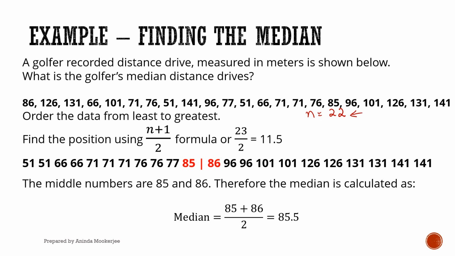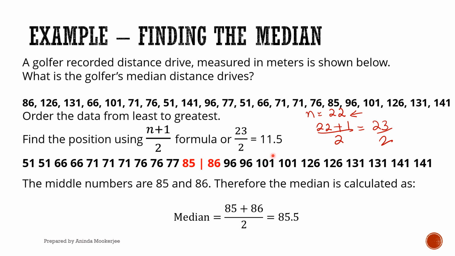The formula is 22 plus 1 divided by 2, which is 23 by 2. And here we have 11.5 as the position.